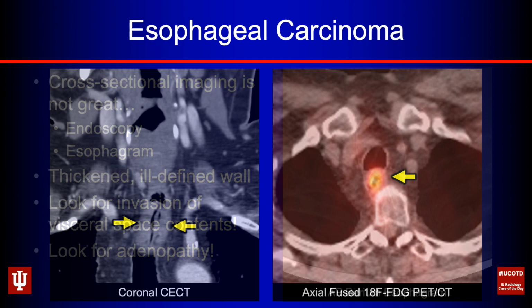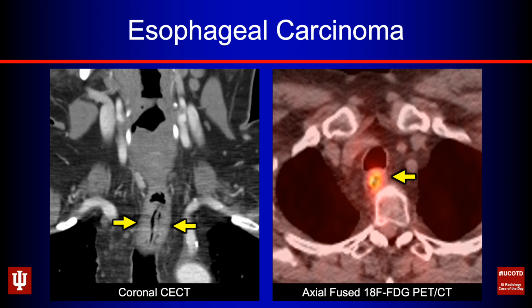So, just to show you how challenging it can be on CT imaging, here we see this relatively short segment of the distal cervical esophagus, in which the wall is just a little bit thickened, just a little bit smudgy. Obviously much easier to see on this FDG PET, where you can see that it's markedly hypermetabolic. This was path-proven esophageal carcinoma.